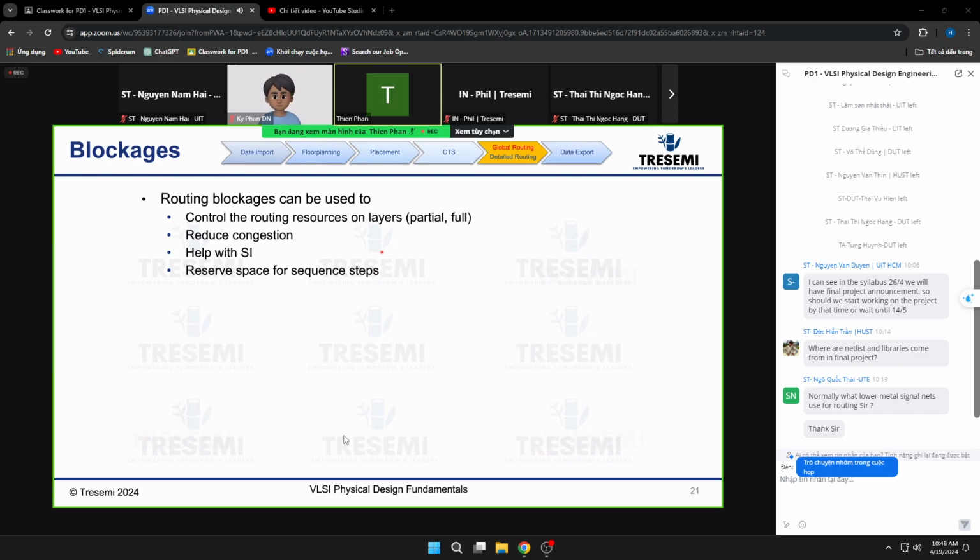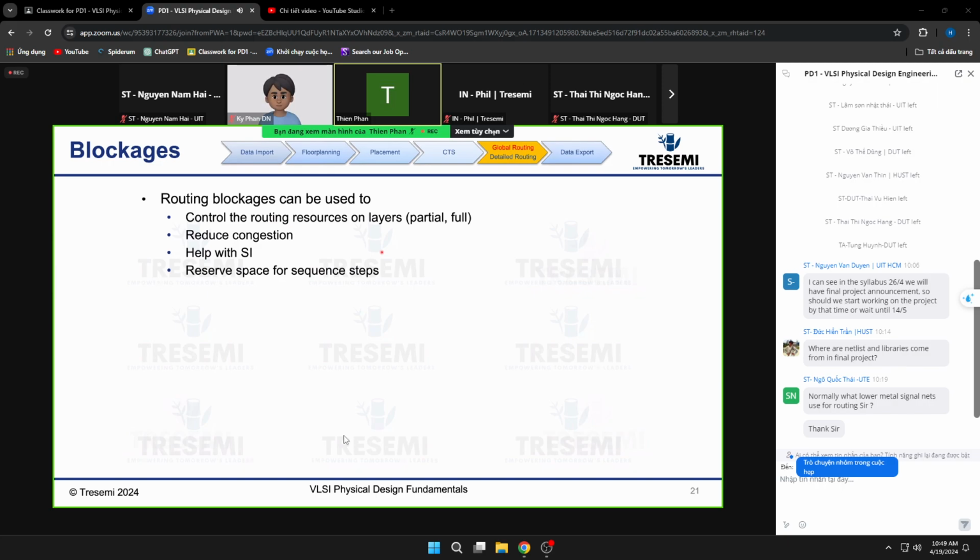So say they're going to come in and place that macro on top of the routing area. Then we have to go in and block it out, and later on we can go in and place that macro. So it's just like a placeholder.